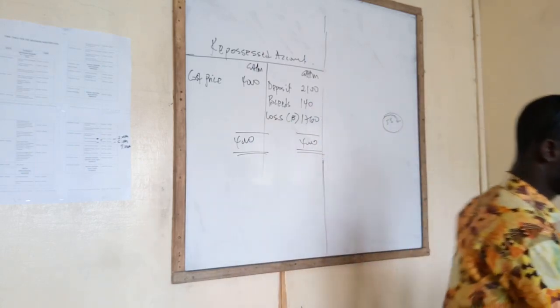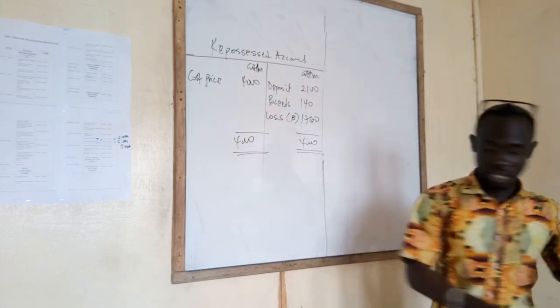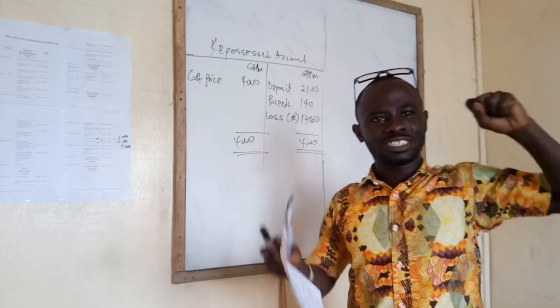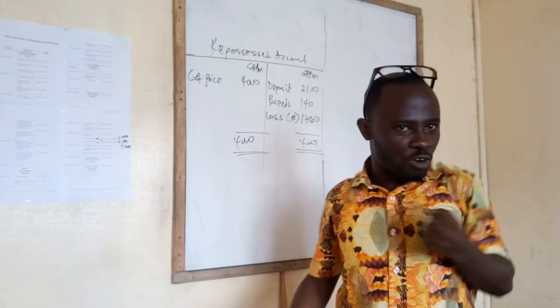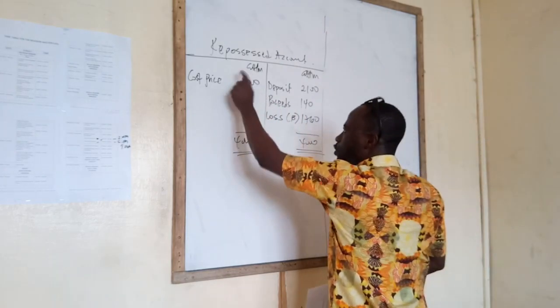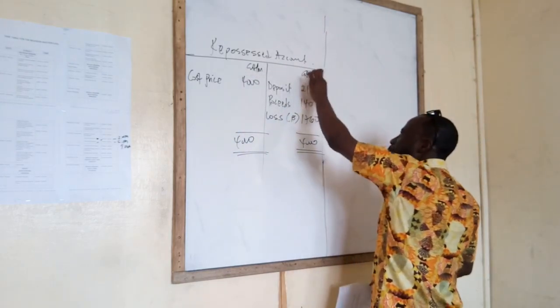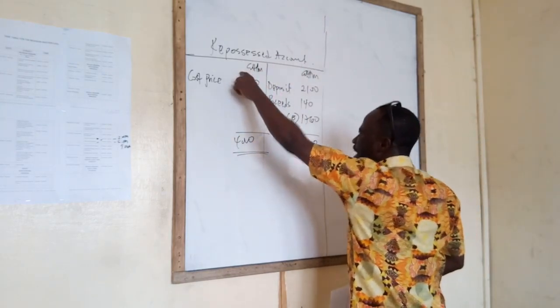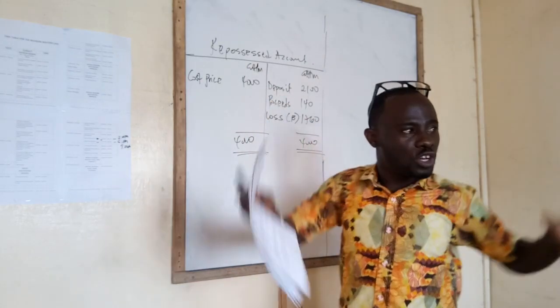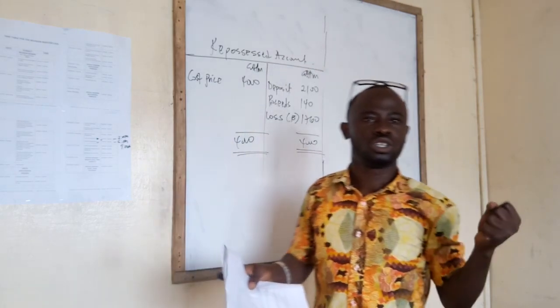In the goods repossessed account, we won't consider his installment, because we are just looking at the goods, not the money we are receiving from the goods. So if you are looking at the goods, that's why we use the cost price. So his deposit will be deducted from the cost price. Then how much did we sell it for? We get a profit or loss on the repossessed goods.